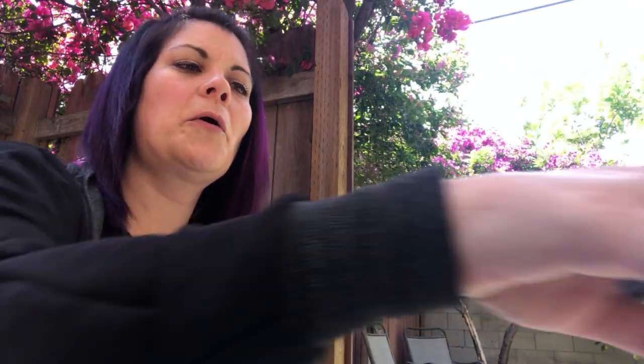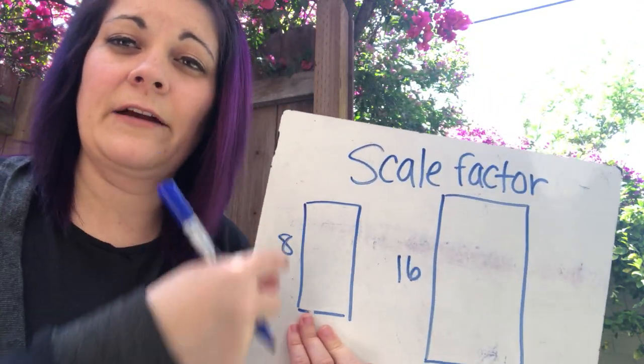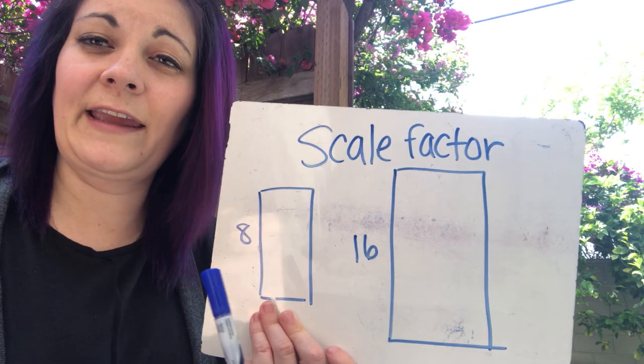Now, if I go and do it another way, let's say I'm not given the scale factor, I'm trying to determine the scale factor. So I have a rectangle, both my rectangles, the length here is 8, the length here is 16.